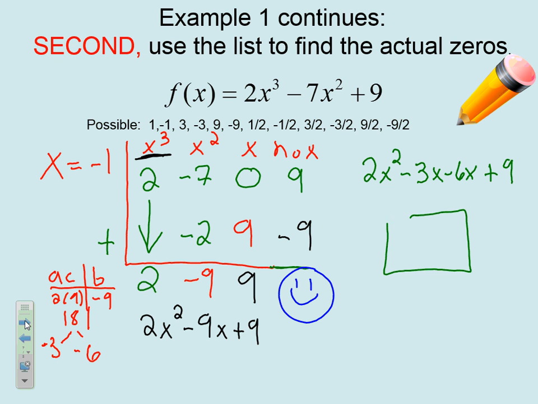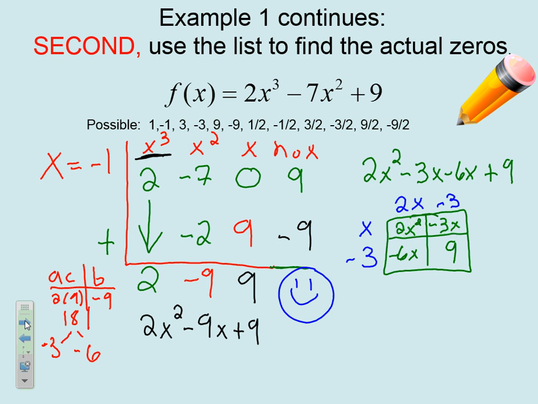Put it straight into my box. 2x squared minus 3x minus 6x and 9. Greatest common factor here is going to be a negative 3. Here we're going to get an x. Here we're going to get 2x and a negative 3. So now, remember my factors.